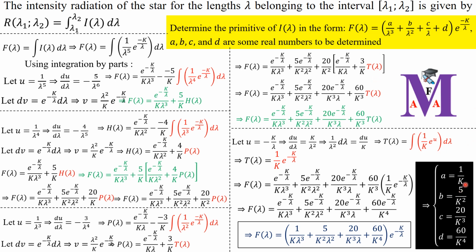A is 1 over k, because it is the coefficient of 1 over lambda cubed. The coefficient of 1 over lambda squared is b, which is 5 over k squared. The coefficient of 1 over lambda is c, which is 20 over k cubed, and the constant is d, which is 60 divided by k raised to the power 4.